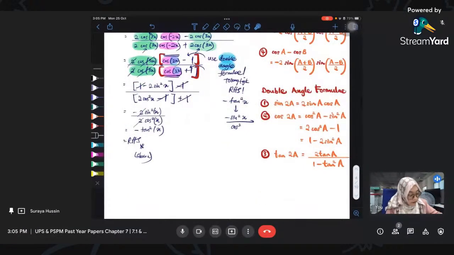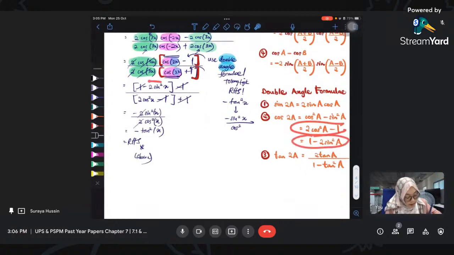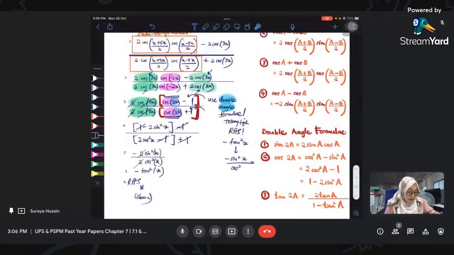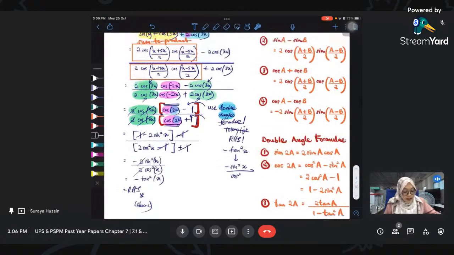So you gotta be very smart in choosing which one that you should put. When you simplify, you got the answer. So this is right hand side, and you've proven that you can show proving questions. Very good. Now I'd like to go to question 30.